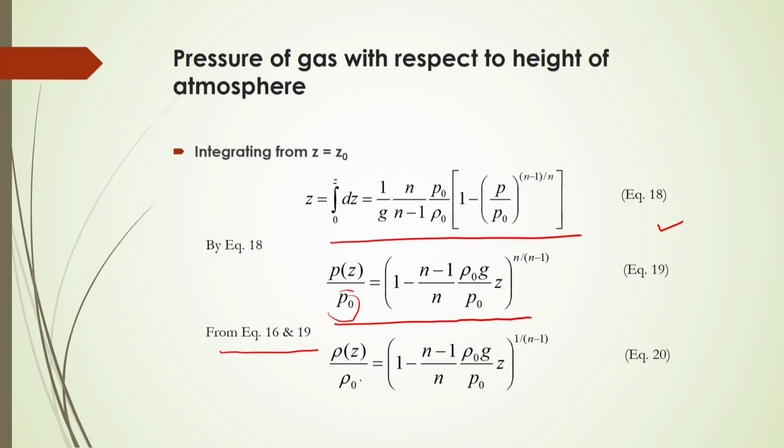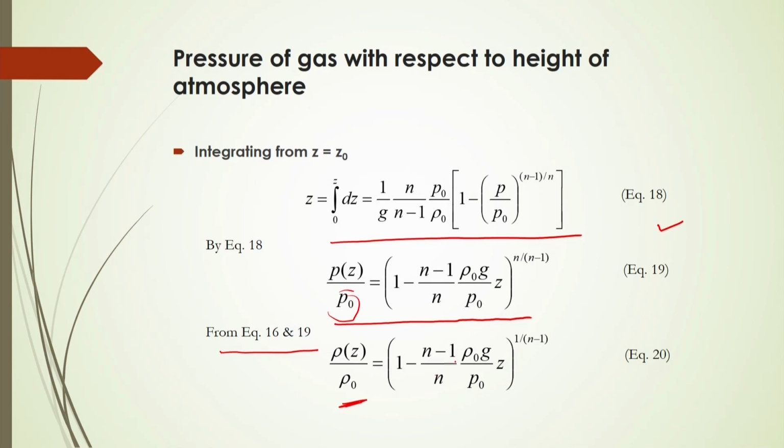So, the density at a particular height relative to the density at sea level, ρ by ρ0, equals 1 minus (n minus 1)/n times ρ0 g by P0 times z, to the power 1 by n minus 1.